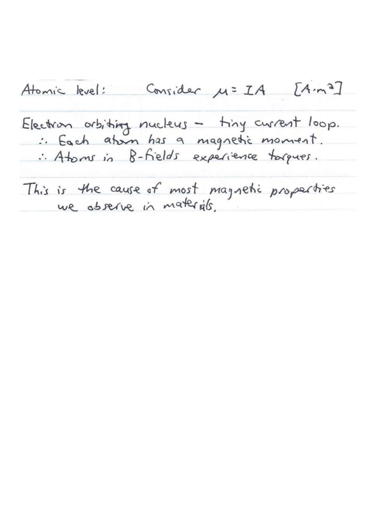I started out this chapter talking about how the cause of magnetism, the cause of magnetic fields, is moving charges. And I showed a picture of a horseshoe magnet and asked the rhetorical question, what do moving charges have to do with this horseshoe magnet?